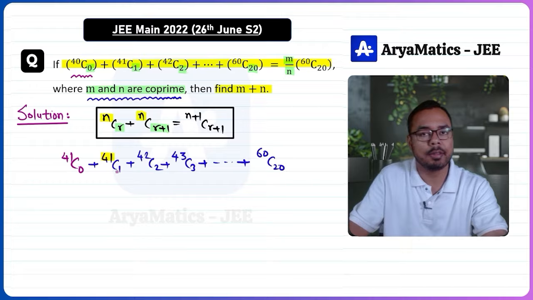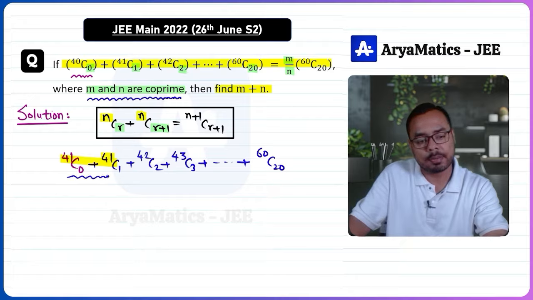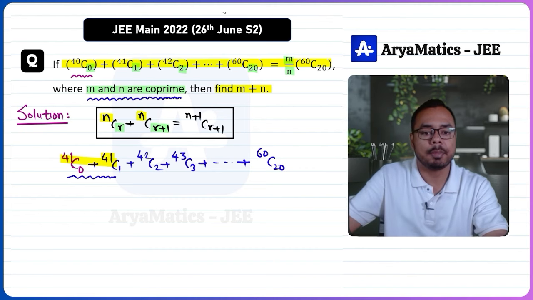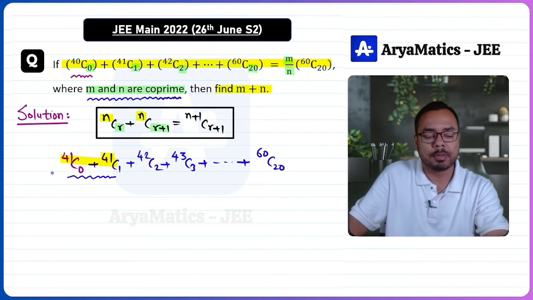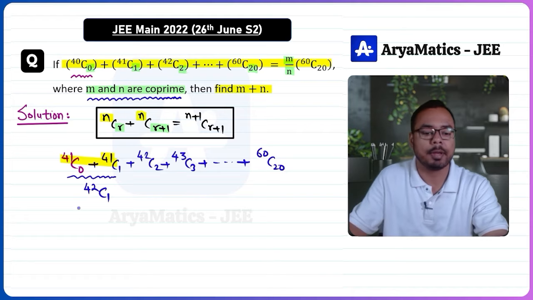And now you can combine the first two terms. If we combine these two terms, one is nCr and the other is nCr+1, so this will become n+1Cr+1. That means the sum of these two is nothing but 42C1.